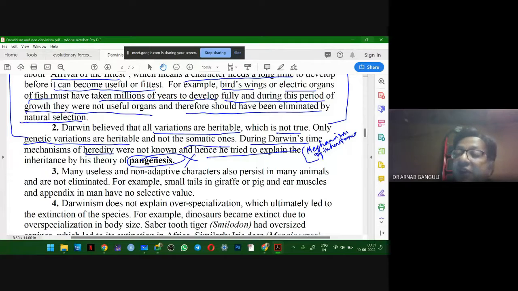That was found out by the great Gregor Mendel. No amount of respect to this individual called Mendel is sufficient. He gave the first three principles of inheritance. And it is very sad that Mendel and Darwin lived during the same time.